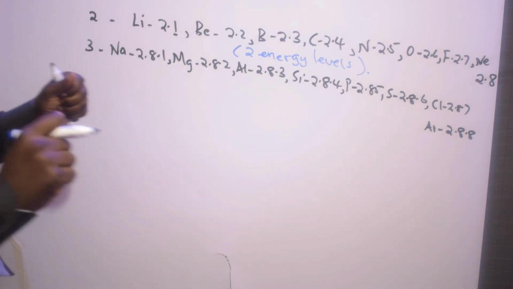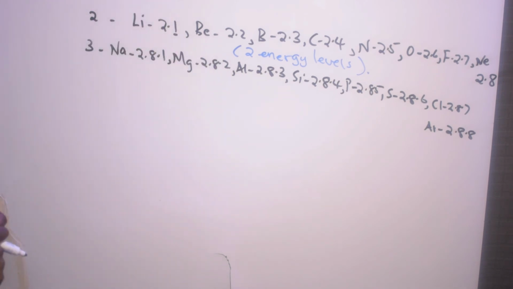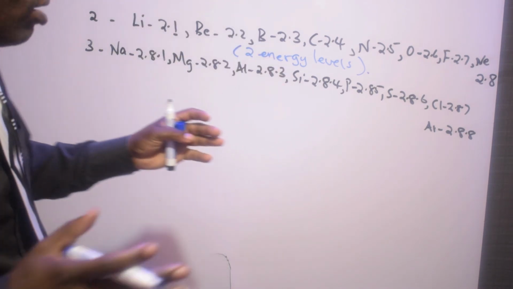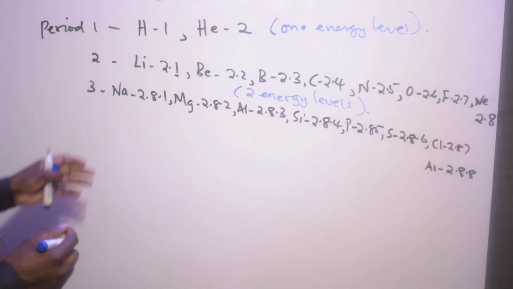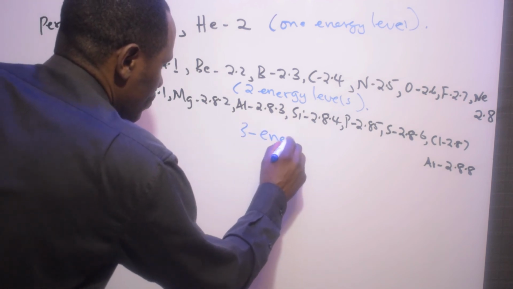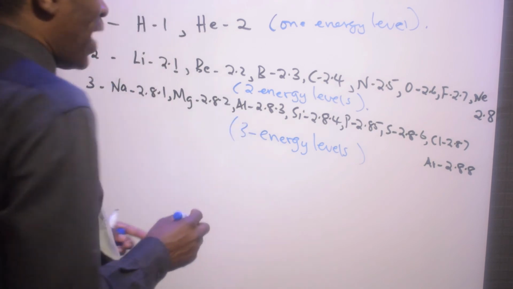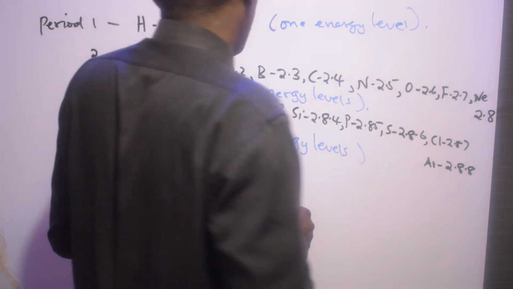And that's why I said here that we need to be very careful when we are talking about the groups, because this is where we're going to have the valency. This is where we're going to predict the reactions happening, and so on and so forth. With period 3 here, of course, they're going to have 3 occupied energy levels.